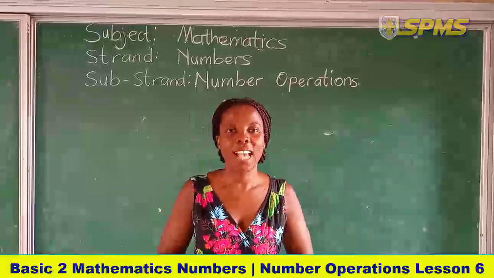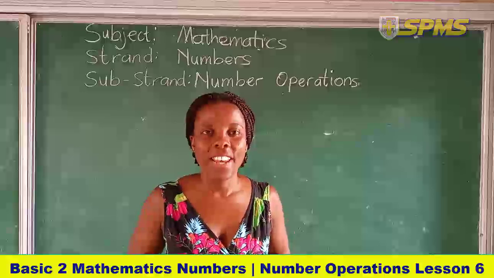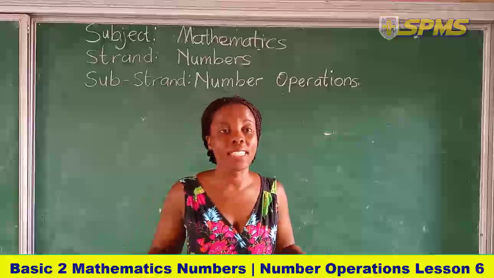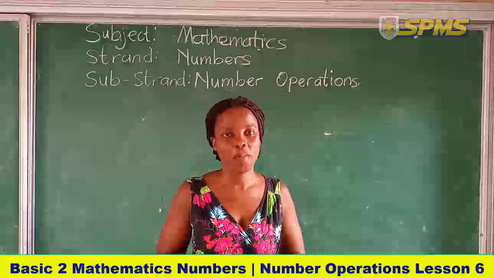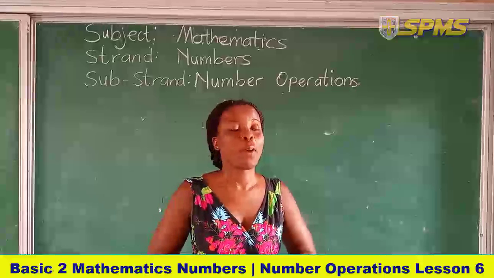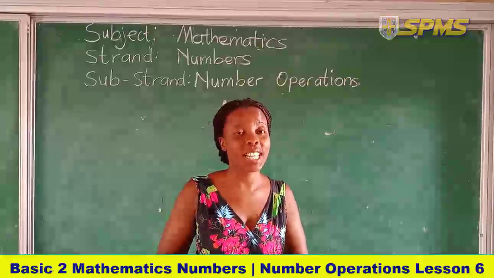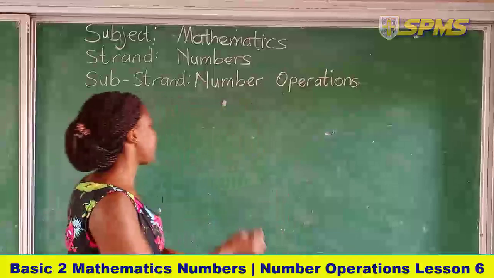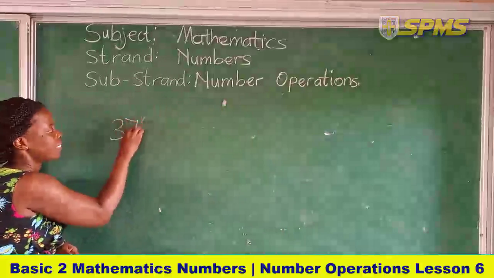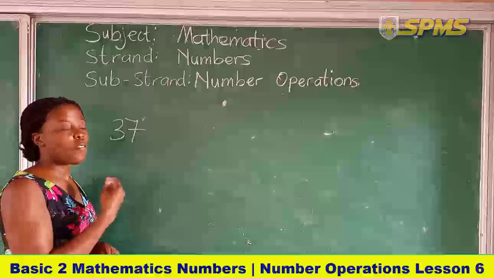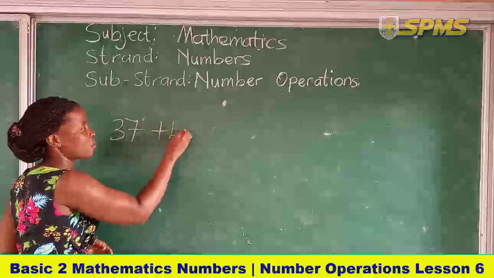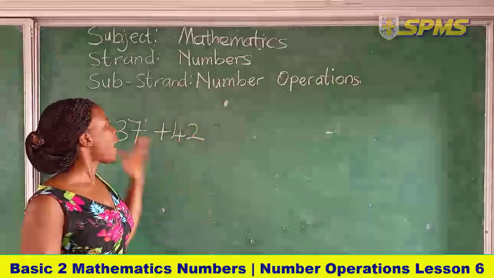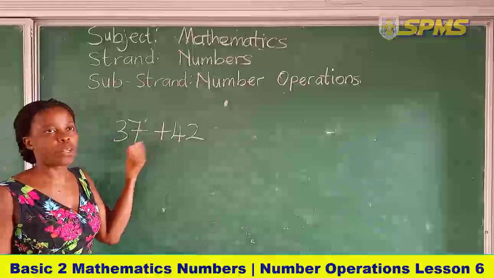Now, let us add in an expanded form. Okay, so we are going to have our first two-digit numbers again. So let's have our 37 and 42. We have our two-digit numbers on the board.